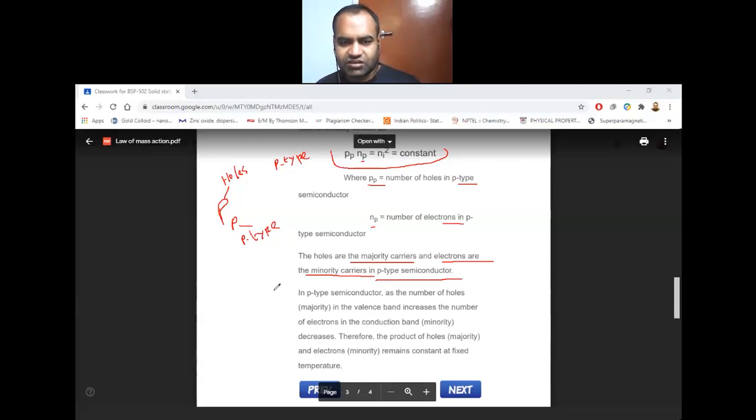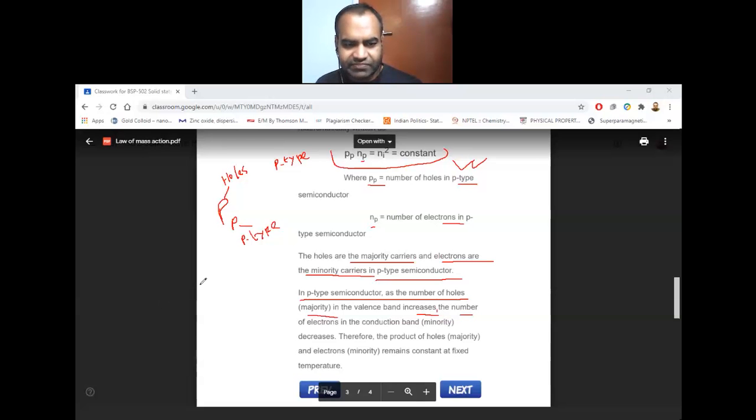This is the law of mass action. Again, in a p-type semiconductor the number of holes, the majority carriers, in the valence band increases and the number of electrons in the conduction band decreases. Same but opposite to the n-type semiconductor.